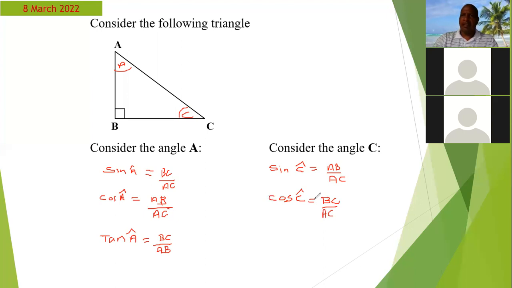Is Miss Brown back as yet? No, I'm not seeing Miss Brown. It seems like she's having difficulty with her connection. All right, somebody else want to tell me what is the tan of angle C?